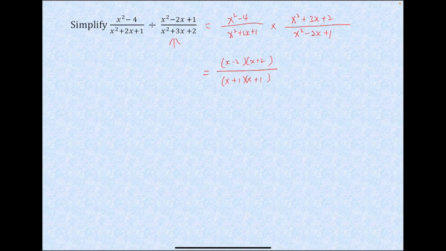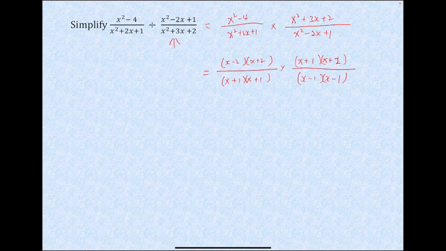And then 1 is 1 square. Next one. X squared plus 3x plus 2. So that could be x plus 1, x plus 2. Because 1x plus 2x is actually 3x. And finally, the denominator will be x minus 1 square. Again, is a perfect square.